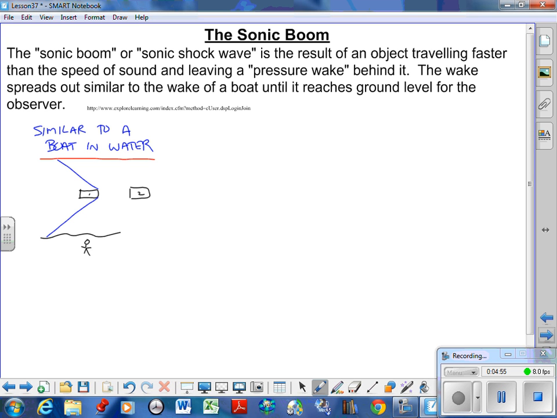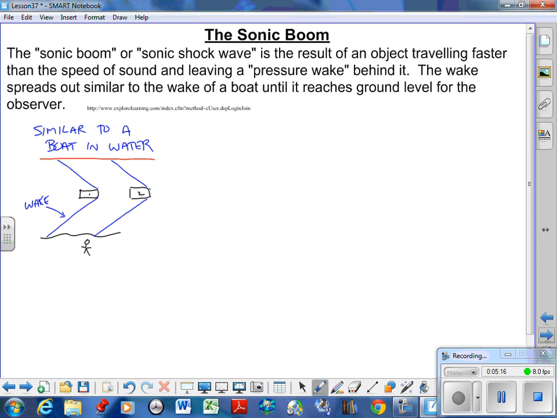You're actually going to see the wake strike the beach when it's gone by. Okay, so that's the wake. Well, when you hear the sound barrier broken, when you hear that huge sonic boom, the plane's already by you. It doesn't occur when the plane goes over, it occurs when the plane has gone behind and left that trail.